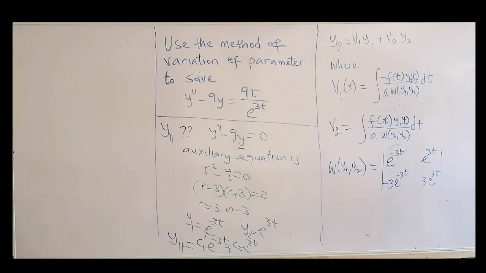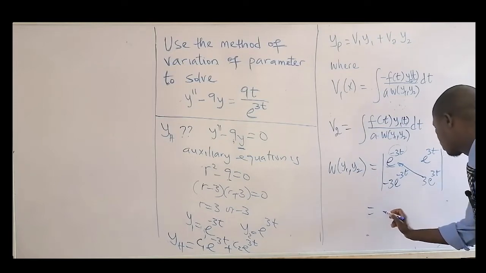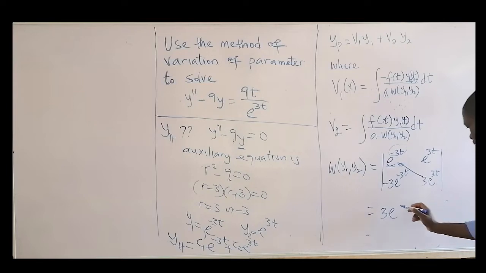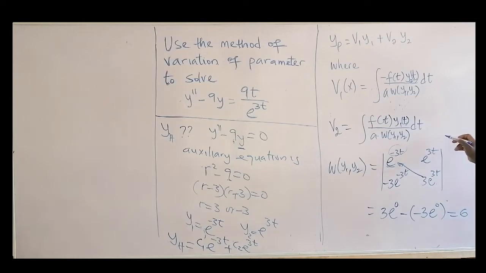This is a determinant, so this will multiply this, and that will be equal to 3 e to the 0 minus minus 3 e to the power 0, which will be 6. Don't forget that if you multiply e to the minus 3t times e to the 3t, it is actually e to the power 0. So the Wronskian is 6.